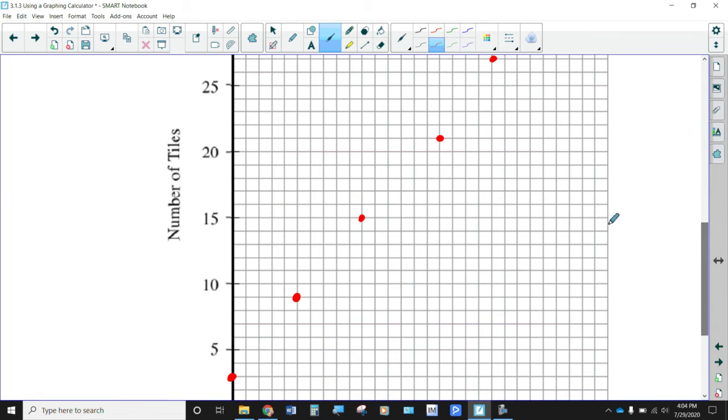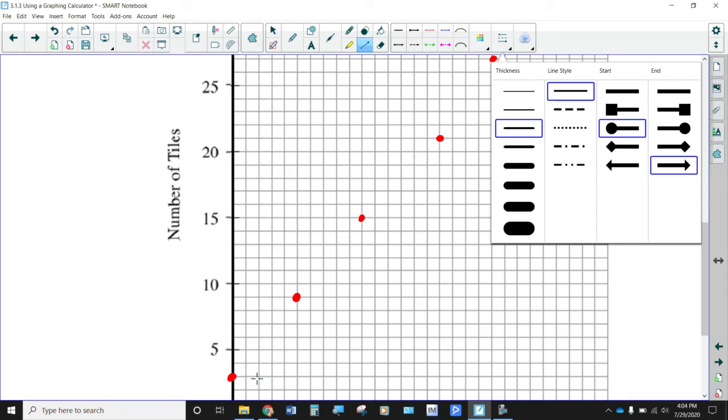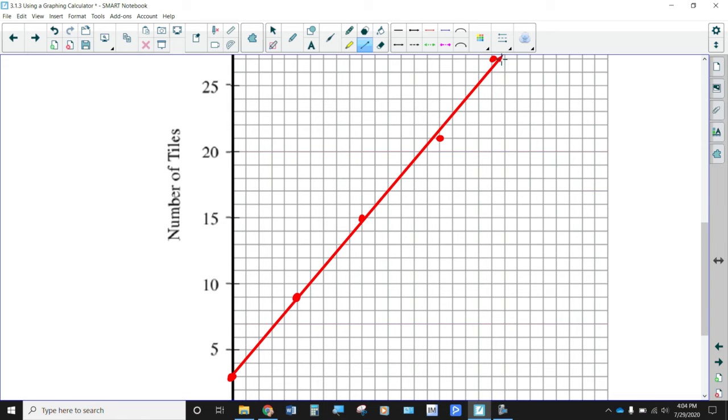You may have noticed that I did something there and you're thinking I made a mistake, right? Well, sometimes I make mistakes on purpose to prove a point. And this is one of the reasons why you should plot multiple points from your table. Because if you make a mistake, see how if I go through this point and this point, I'm missing 3 others?